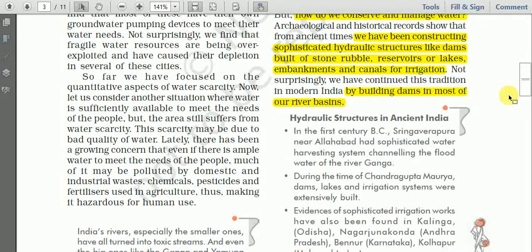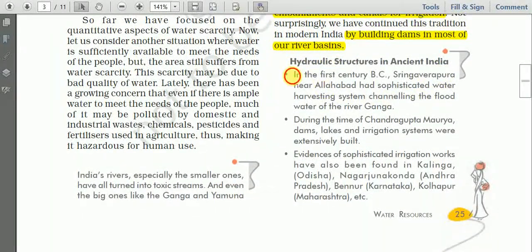One example is in the 1st century BC, that is before the birth of Jesus Christ. Sringaverapura is the name of a place near Allahabad. There, a sophisticated water harvesting system channeling the flood water of river Ganga was built. When the Ganga river was in flood, the areas nearby would be flooded.